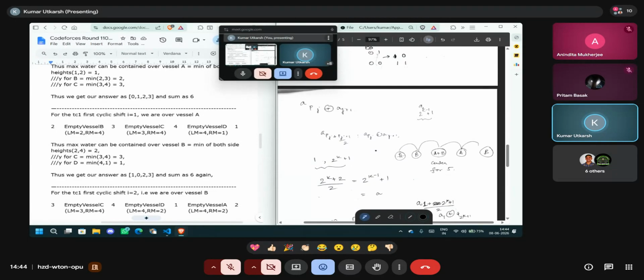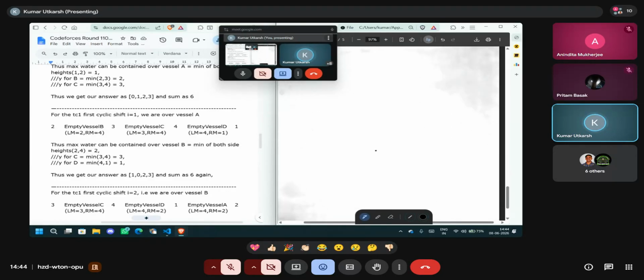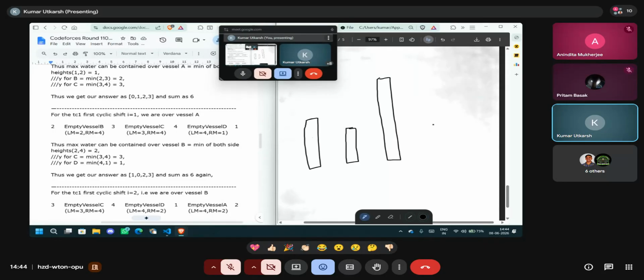So you see what we are doing. Let us consider a random example. That is, we have a tower here. Then this is something. Right. So let us keep it 7. Let this be 4. Let this again be 4.